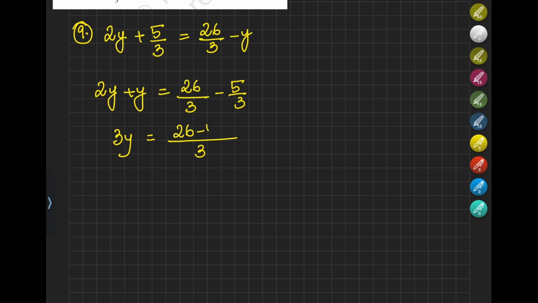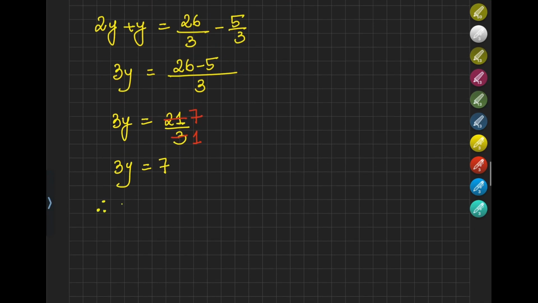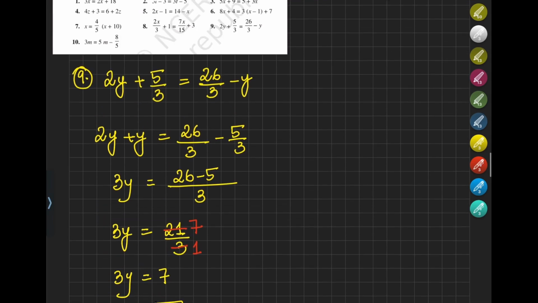So 26 minus 5, 3y is equal to 21 by 3. 3 sevens are 21. So 3y is equal to 7. Therefore y = 7/3 is the solution of the given equation.